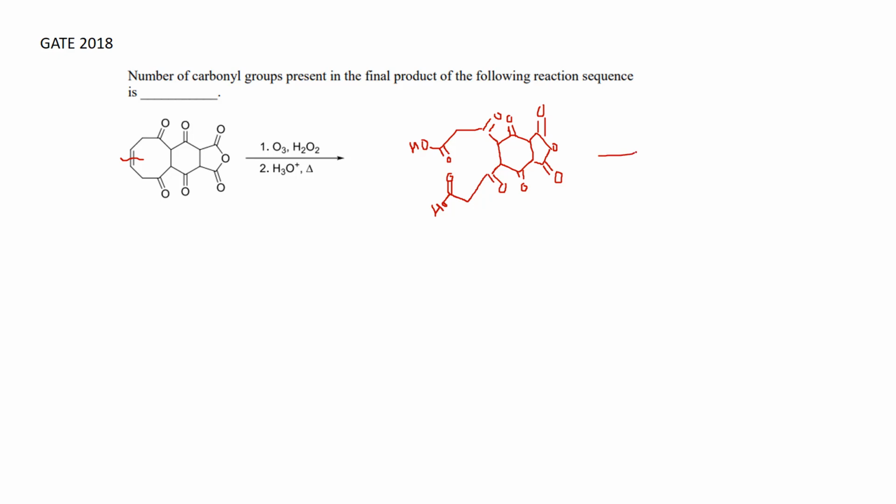After that, in the next step, they have added H3O plus and heating. So if H3O plus is given and heating, whatever ester group is there will be hydrolyzed. There is an anhydride, so that will be hydrolyzed.